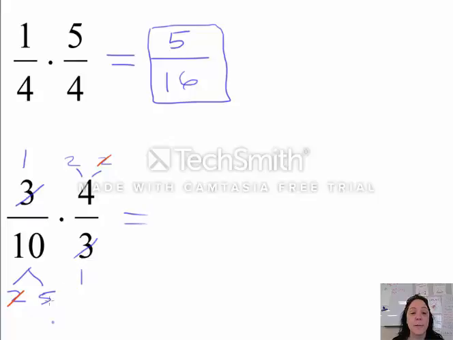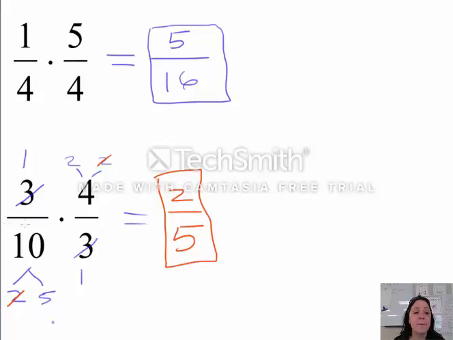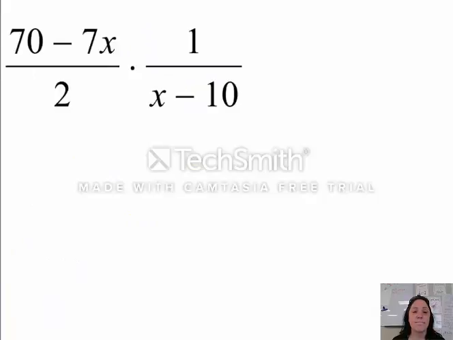And now I'm left multiplying 5 times 1 on the bottom and 1 times 2 on the top, and that gives me 2/5, my already reduced fraction, and simpler multiplication to get there. So our strategy for multiplying rational expressions is to do this simplifying up front. So let's give it a shot with this problem.